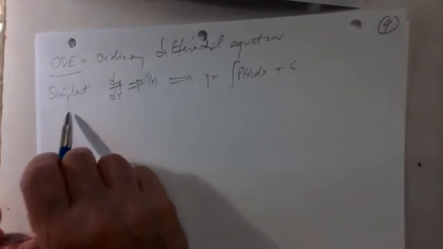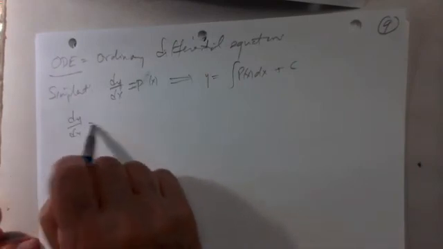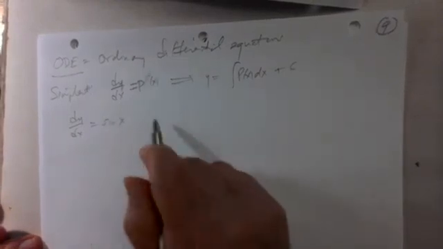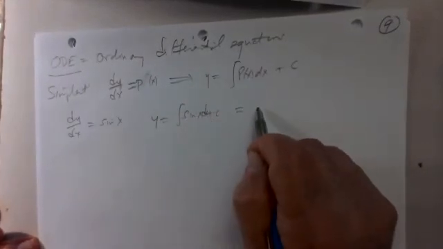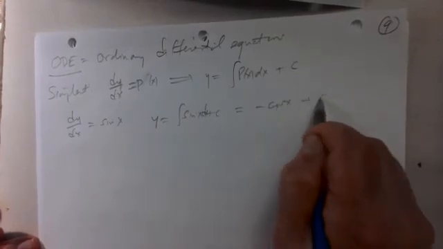That's all it is, right? That's the first thing you learn in calculus. So if you had the differential equation dy/dx equals sine x, what is the solution? y is the integral of sine x dx plus c. So it's minus cosine x plus a constant. So that's the solution. That's all there is to it.